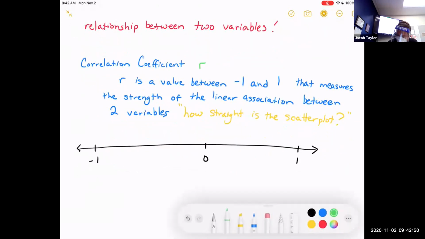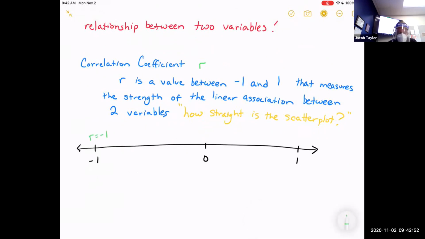So if we have a situation where r equals -1, -1 is a perfect correlation, meaning all of our points in our scatter plot are exactly in a straight line. We call this a perfect negative correlation.